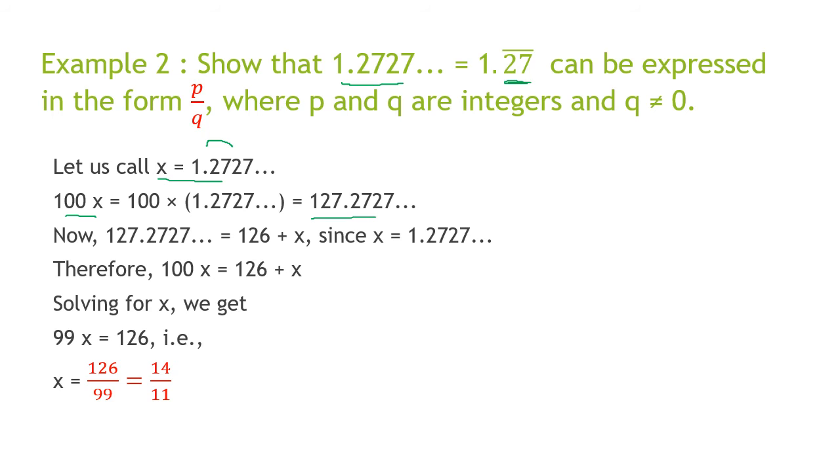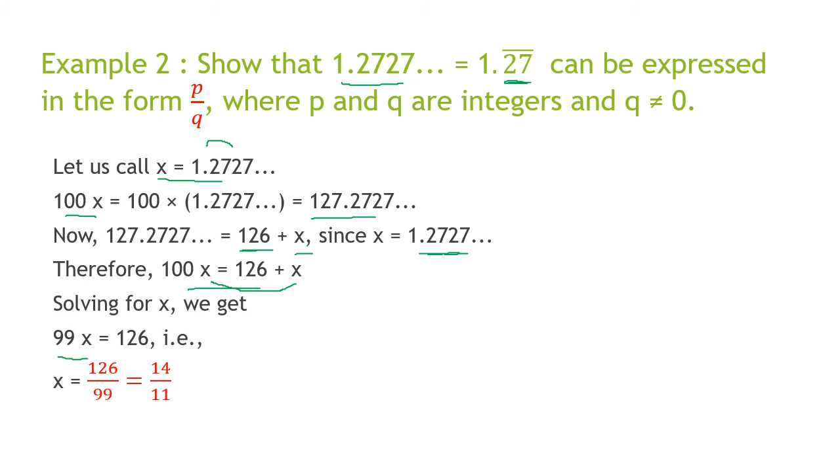Now how do we write 127? I want to remove the x. So I should write 126 plus 1.2727, which gives me 127.2727. So I have got the x here. So now we get the equation 100x equal to 126 plus x. Take the x to the left side. So 100x minus x is 99x.